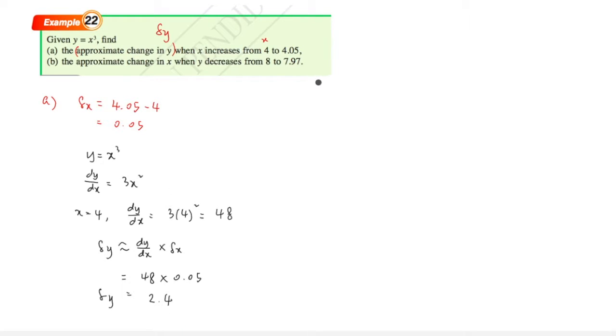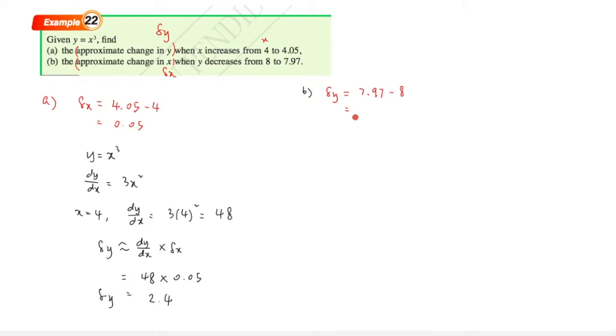Okay, same with part B. Approximate change in x. Now the question asks you to find delta x, when y, so these are given delta y. Delta y equals the later value minus the earlier value.